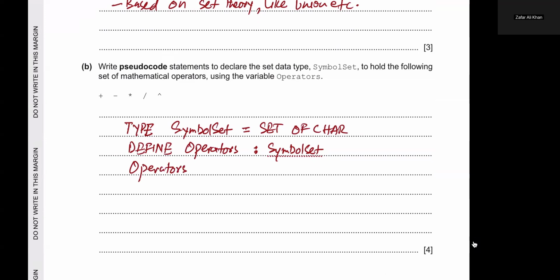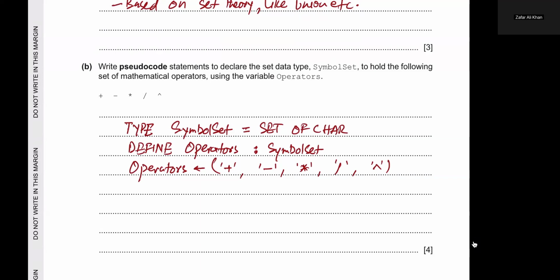Finally, to initialize it with the given characters, we would assign the set of these characters to the operators variable. In pseudocode, this is often represented using curly braces to enclose the elements of the set. So the complete pseudocode would be type symbol set equals set of char, followed by define operators as symbol set, and then operators equals the set of the given characters.